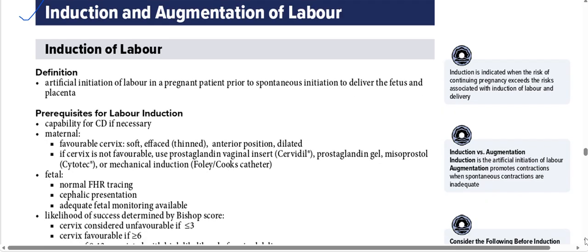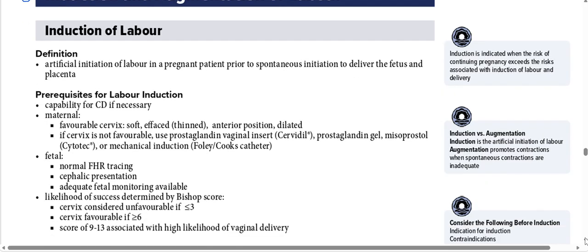So, what is the definition of induction of labor? Induction of labor is defined as artificial start of labor, especially that which happens before spontaneous initiation of labor. So this is basically artificial initiation of labor before spontaneous initiation to deliver the fetus and placenta.